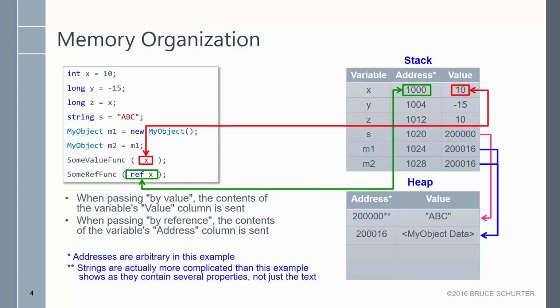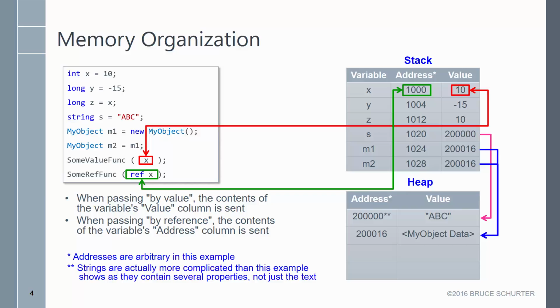If we create another variable of type long called y, as you can see here, we advance the address by 4 bytes since x was an int, which takes 4 bytes, and then we store the value -15 at that location. And since a long is 8 bytes, the next address is 1012. And we store there the contents of z.